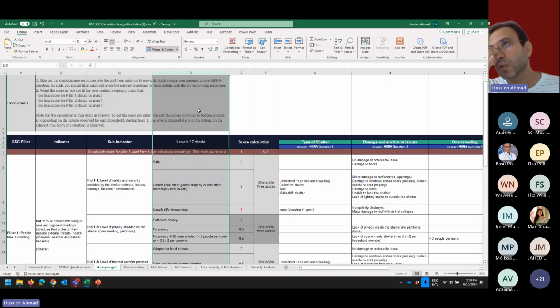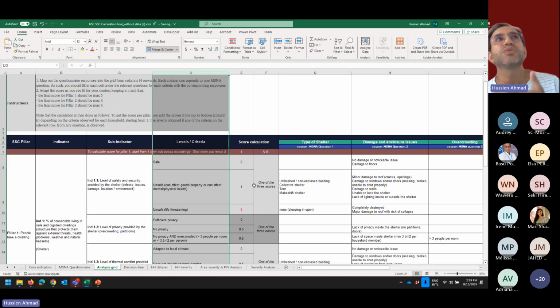It depends on how accurate, how reliable, how comprehensive the information is, etc. And you will decide based on that how to get the severity score for each area. And once you get a severity score for each area, you project it to the population and estimate the population in need there.